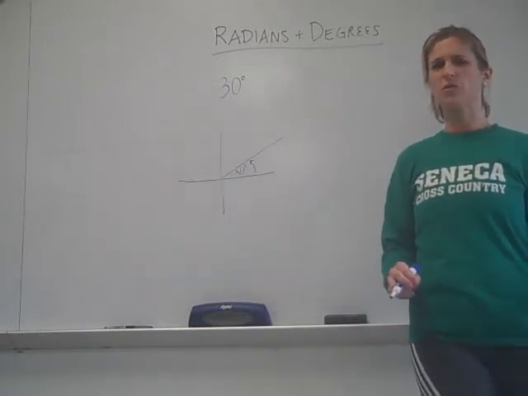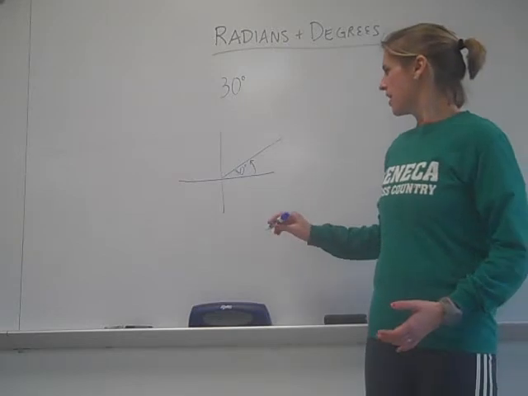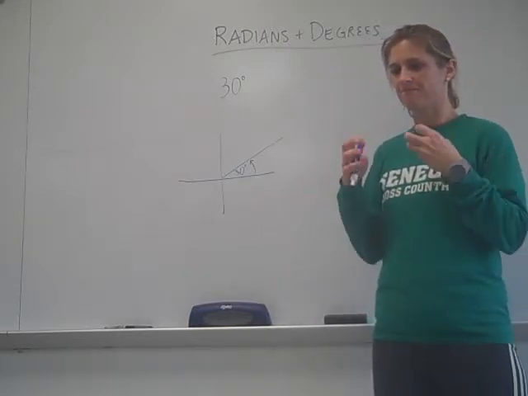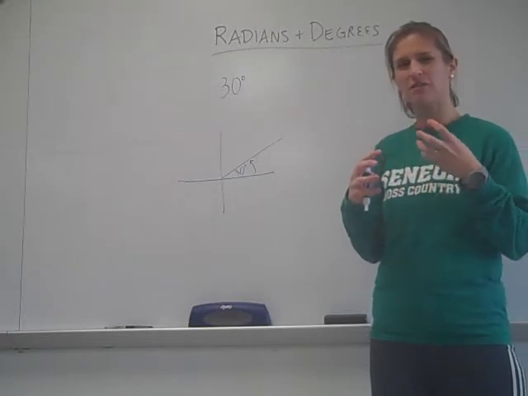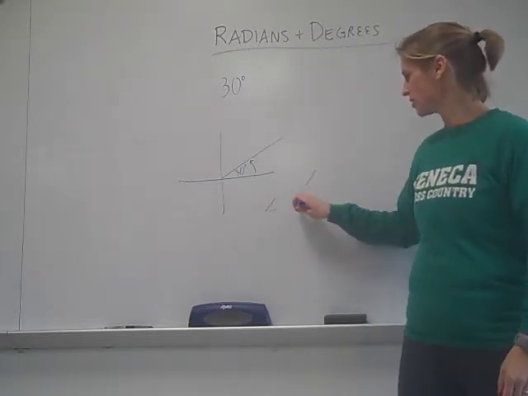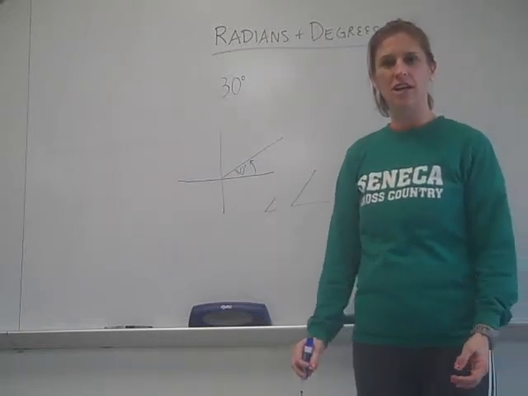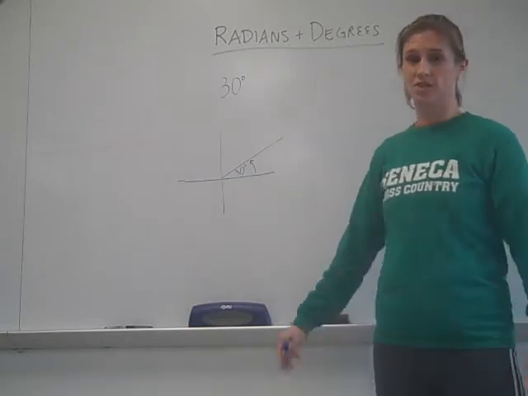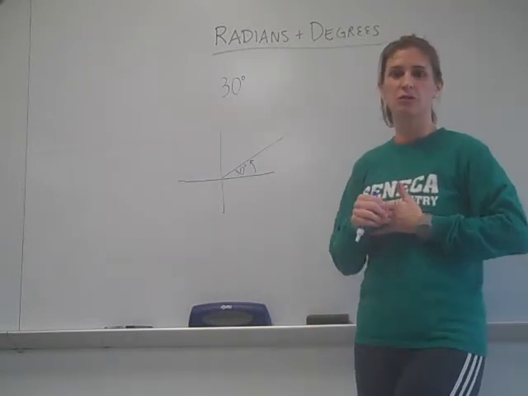But that's kind of a weird thing because that 30 degrees doesn't really give me much understanding in terms of actual size. An angle can be this small or this small and it's still 30 degrees, but it's just kind of a weird measurement. So we stop using degrees and we start measuring things in what's called radians.